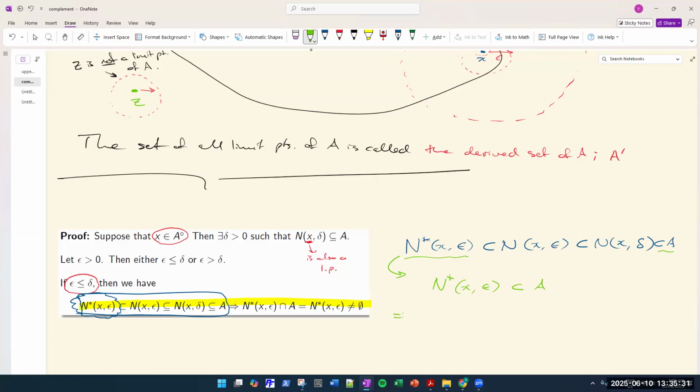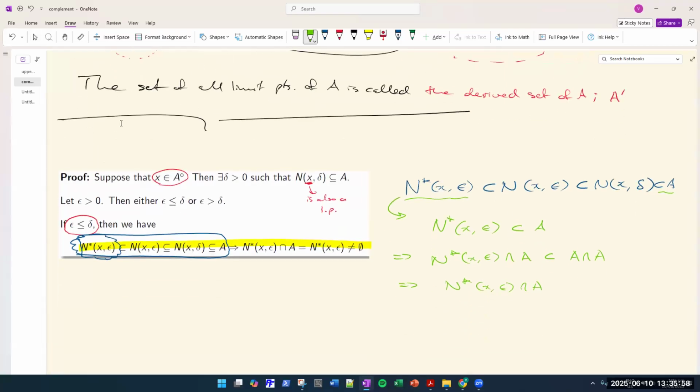Intersect both sides with E, so the left-hand side intersect E is a subset of A intersect E. A intersect A is A, so this thing is contained in A.